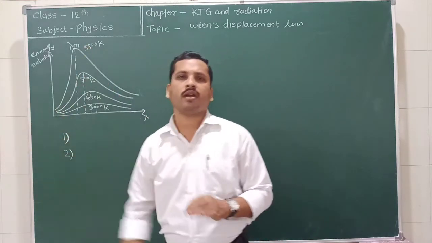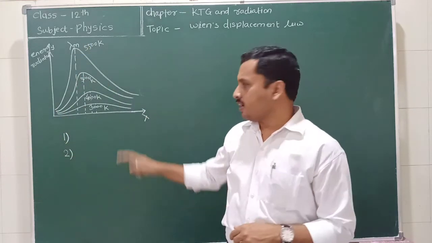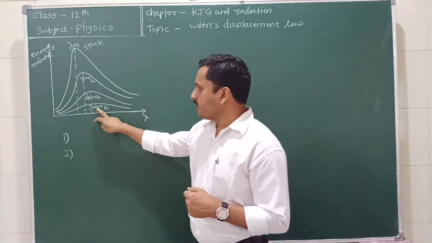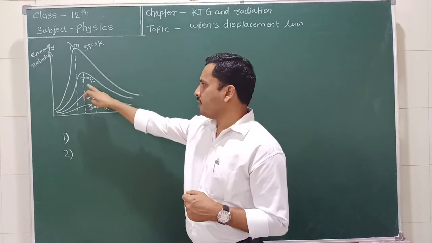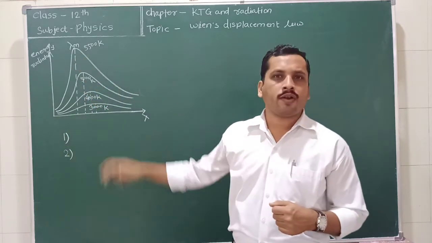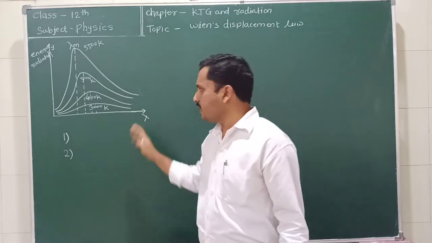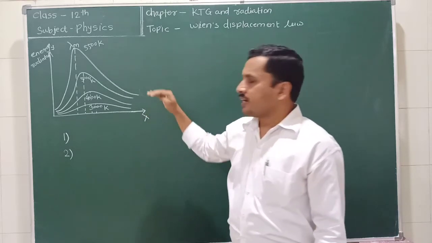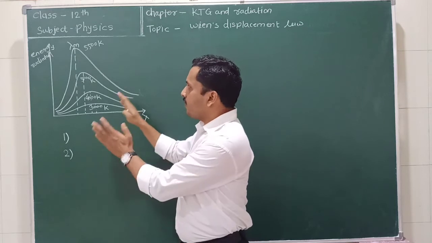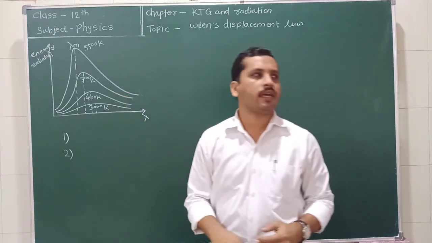It states that the energy radiated per unit time per unit area emits radiation of maximum intensity at a particular wavelength at a particular temperature. Here we saw that there are four graphs: at 3000 Kelvin, 4000 Kelvin, 5000 Kelvin, and 5500 Kelvin. We see that as the temperature increases, the area under the curve also increases.